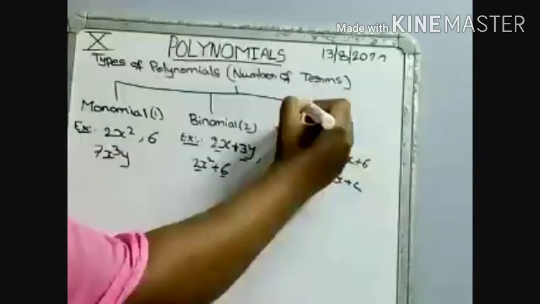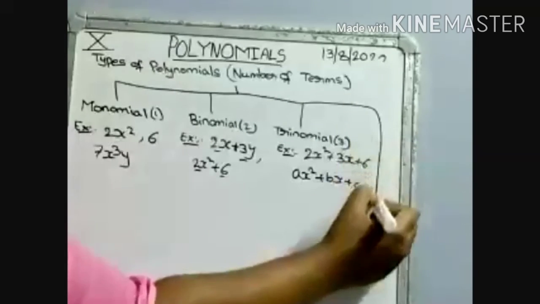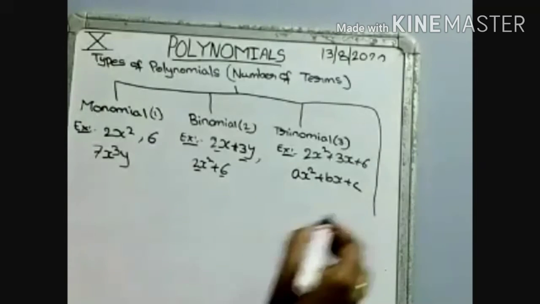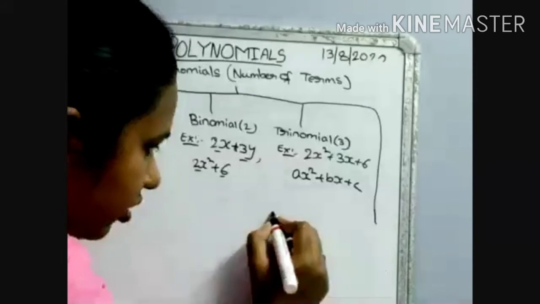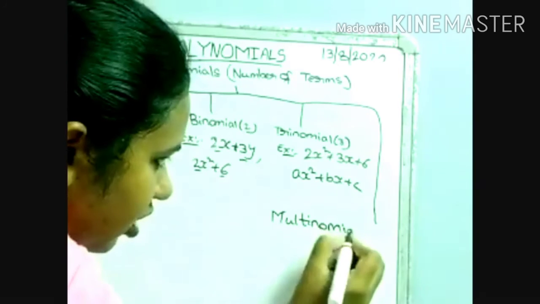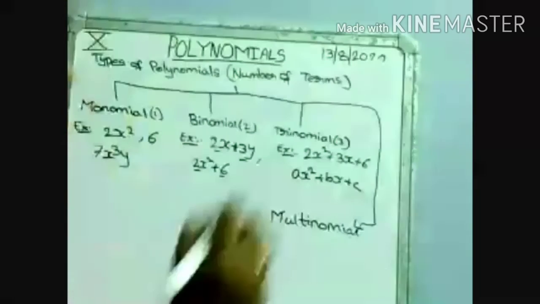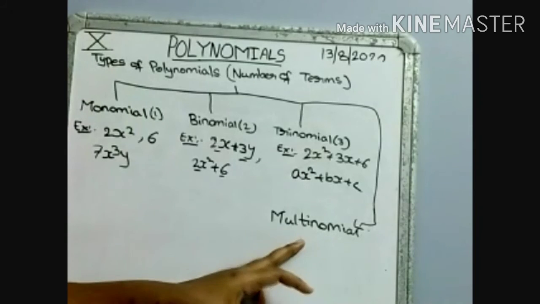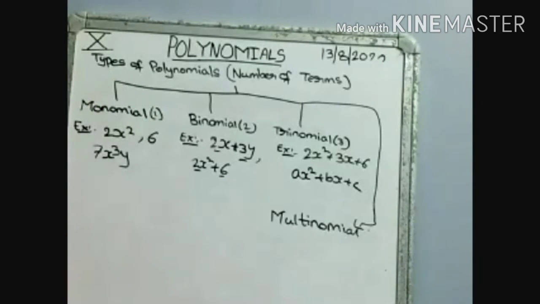And the last final one is multinomial. Multinomial means what? See the name, multi. Multi means the number of terms is more than 3. If you take it, it is called a multinomial.